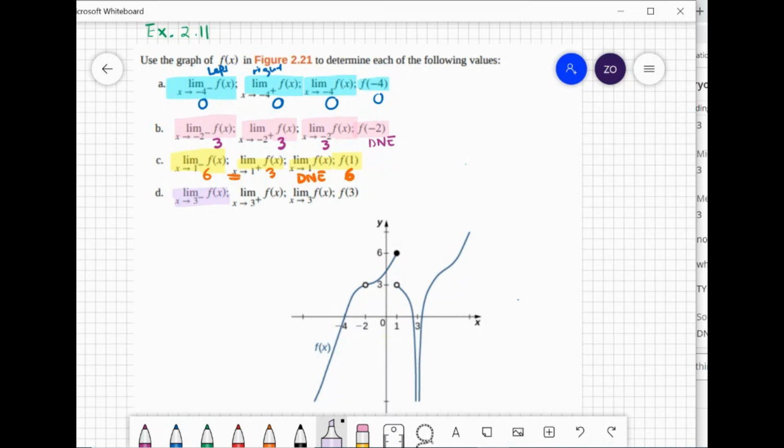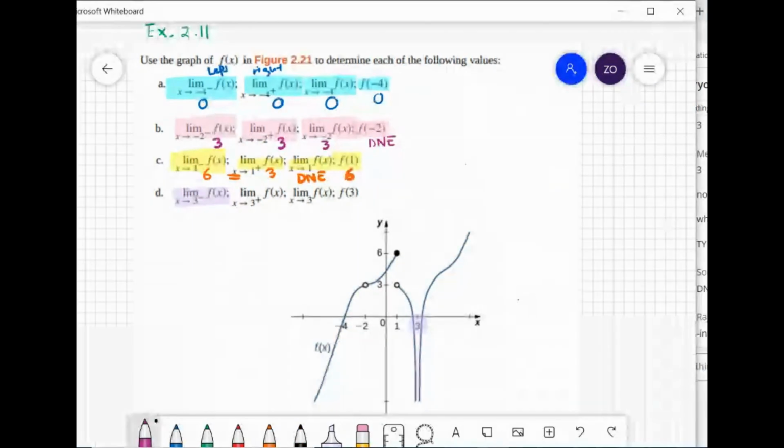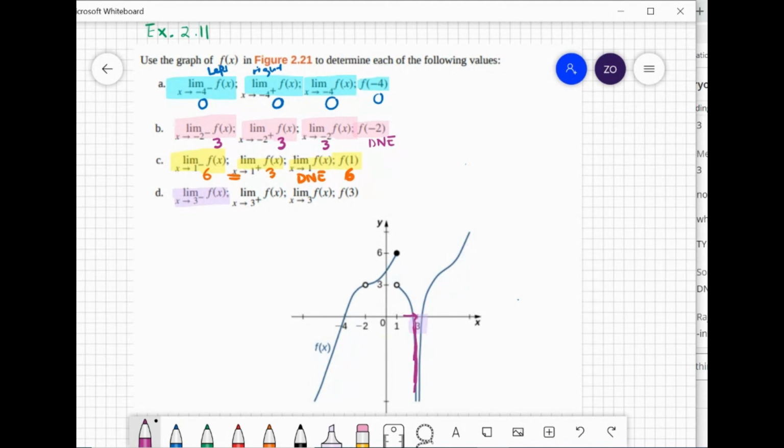Okay, so this is 3, and we are getting closer and closer to 3. What happens to the y values? As you get closer, you see that the graph goes down. So the y values keep decreasing: negative 10, negative 100, negative 1000. So this limit, we should say, is negative infinity.